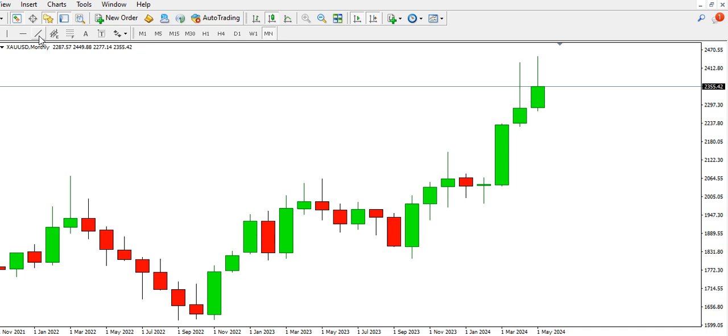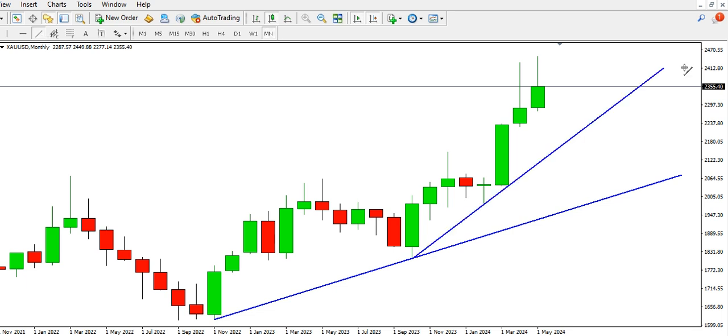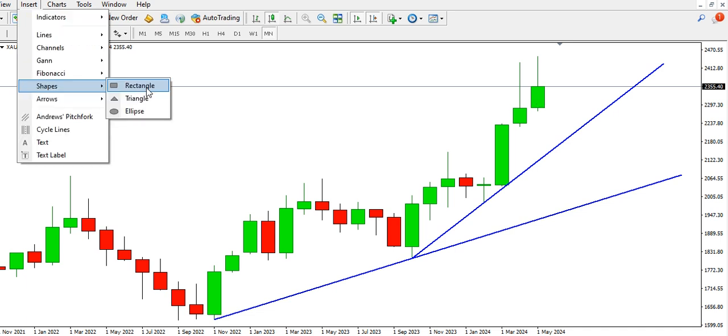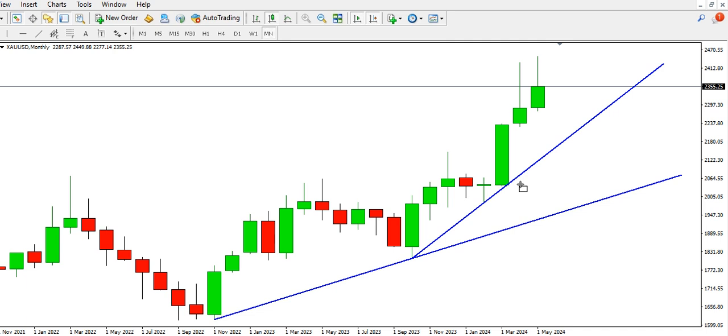This is the trend line for the monthly time frame, still respected and still bullish. Another trend line is still respected too. We have this particular order block on the monthly time frame. If price will drop, we might likely see it drop into this level.